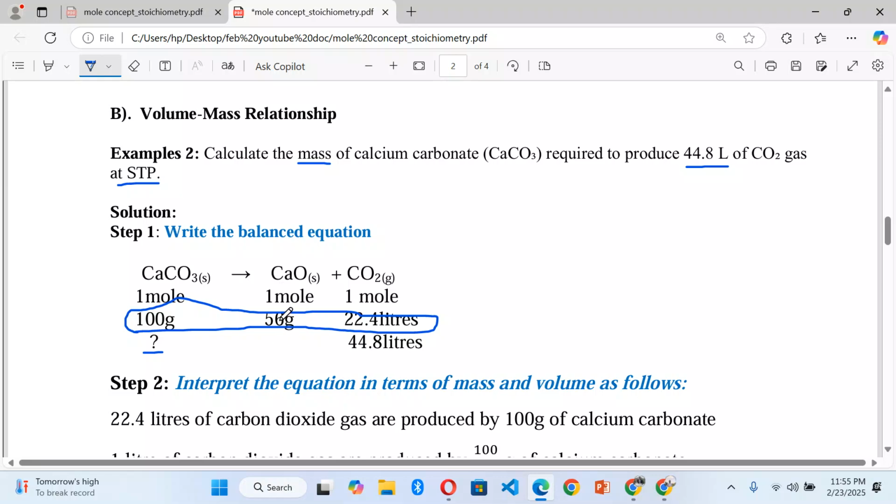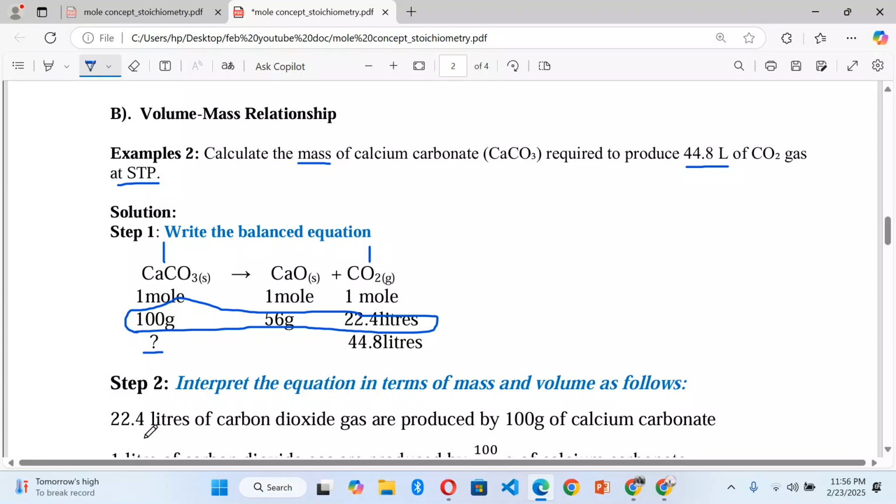Why? Because it is not part of the question. So because it is not part of the question, we ignore it in this case, and we consider only calcium carbonate and the carbon dioxide gas.